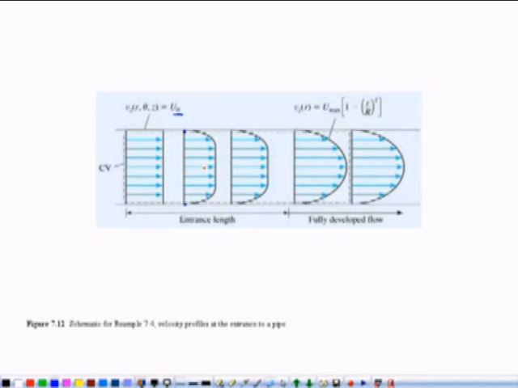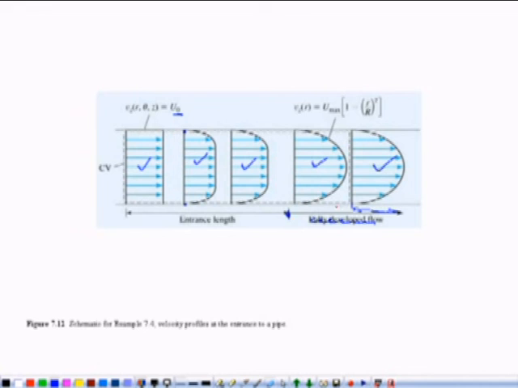As we enter the pipe, the velocity profile changes: here it is different, at this section it is different, and at this section it is different, right. From here onwards, if the velocity profile remains constant and equal to this, then the remaining portion can be analyzed with the help of the fully developed flow formula which we are going to develop.